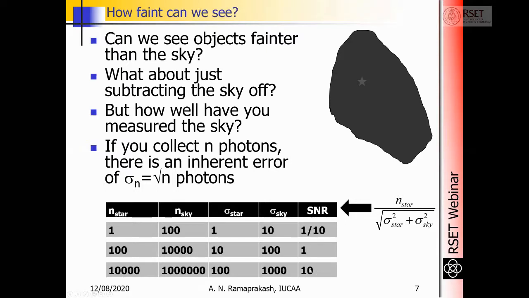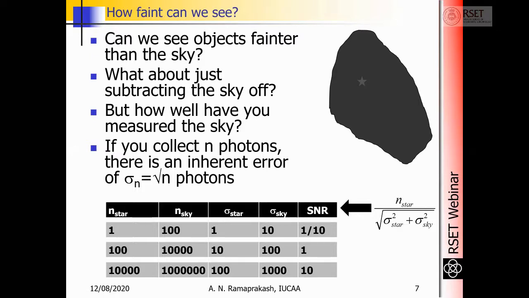So by collecting more light, what you have managed to do is to make your signal, which is the light from the star, stand out from your uncertainty in measurement, so that you definitely know that here is a star. Because your uncertainty in measurement is only 1,000, while the extra light from the star is 10,000.